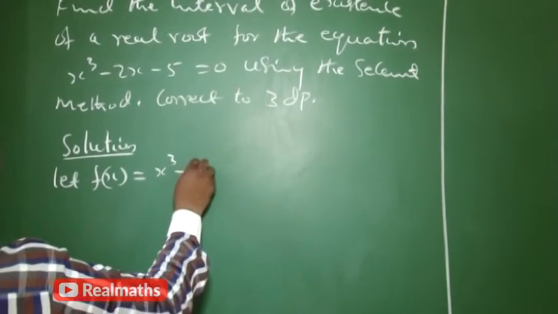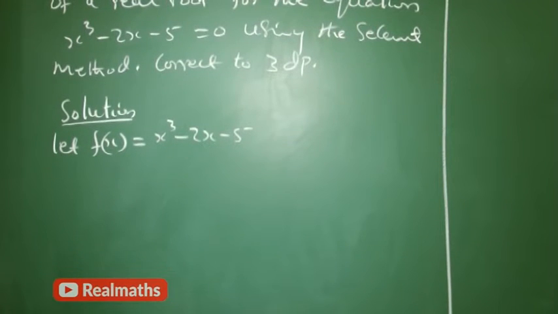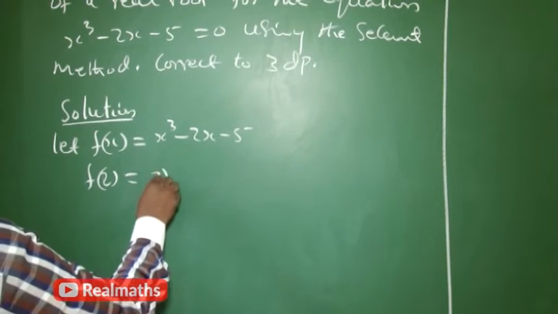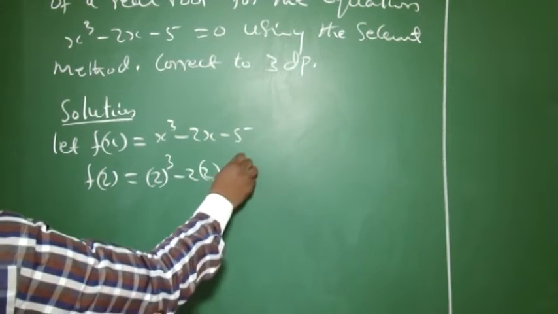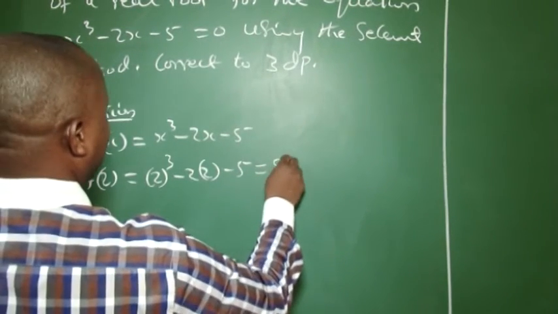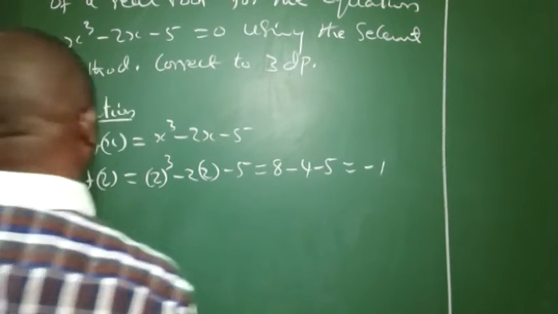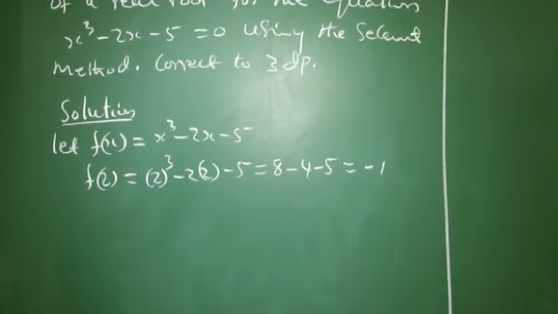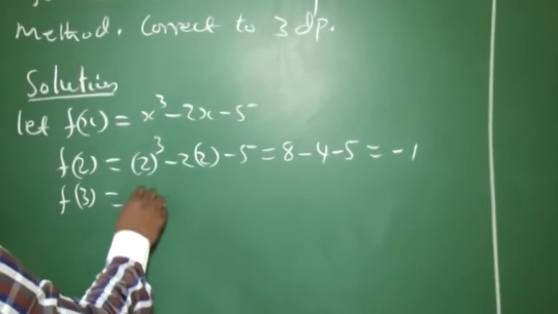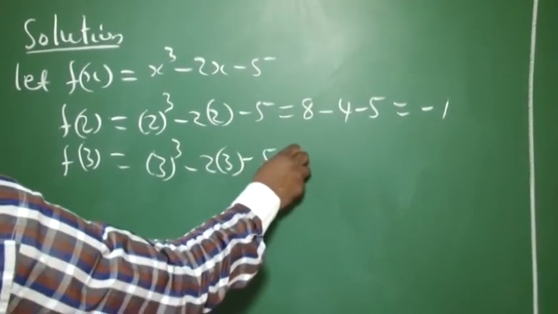x cubed minus 2x minus 5. Okay, so f of 2 gives us 2 cubed minus 2 times 2 minus 5. And this will give 8 minus 4 minus 5, and that gives us minus 1. Now, f of 3 will be 3 cubed minus 2 times 3 minus 5.